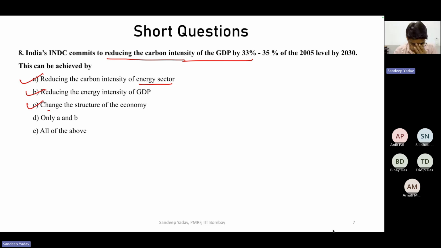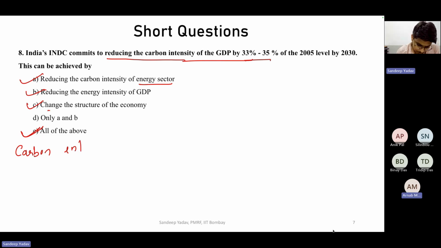Currently, we generate most of the electricity from fossil fuels. If we change that structure to go for renewables, that will help reduce the carbon intensity of GDP by 33 to 35%. So the correct option will be all of the above. If you want more details, the carbon intensity of the energy sector refers to the carbon emissions per unit of energy generated.